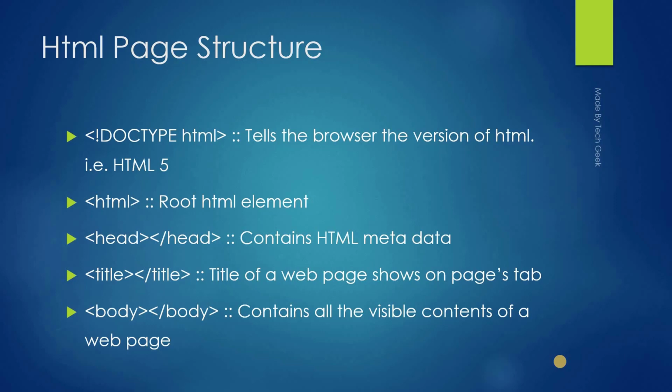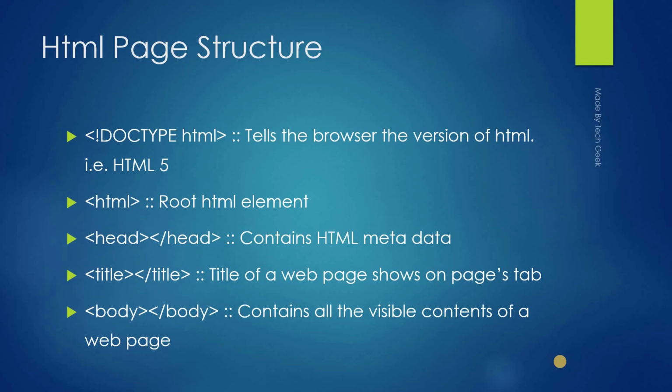After that, we will use the opening tag of html, which means that the root element is basically html. So it's the starting tag. After that, we will use the opening head tag, and then the closing head tag. The head tag contains the metadata.